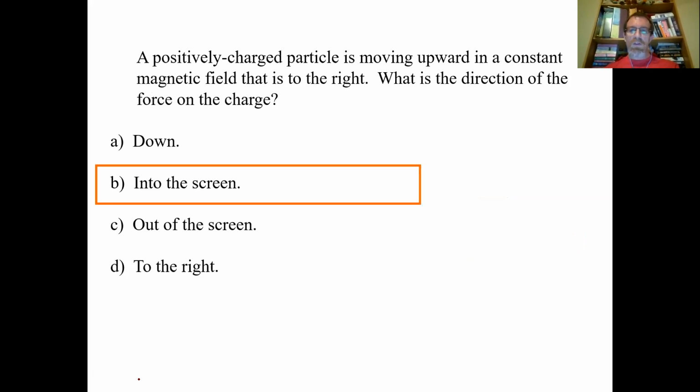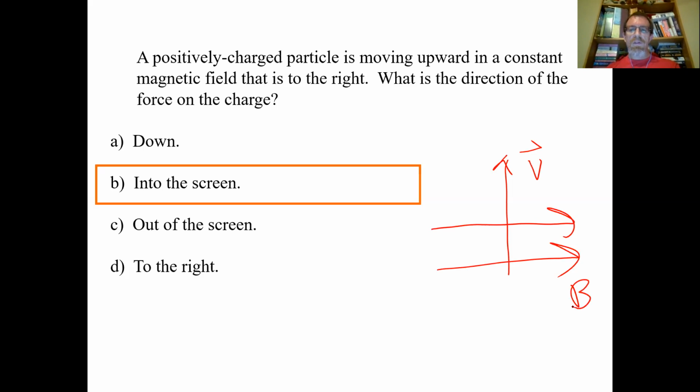So let's see if we can figure this one out. There's our positively charged particle moving upwards. And it says the magnetic field now is to the right. Okay, so to the right. So if I've got my positively charged particle moving upwards and the magnetic field is to the right, now my thumb is pointing basically into the screen in order to do that.